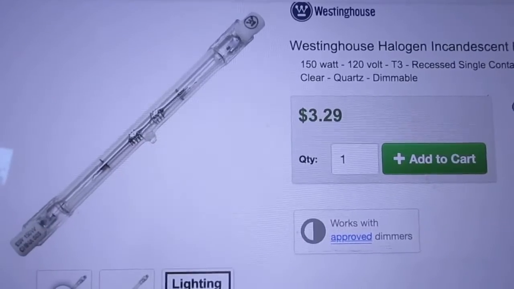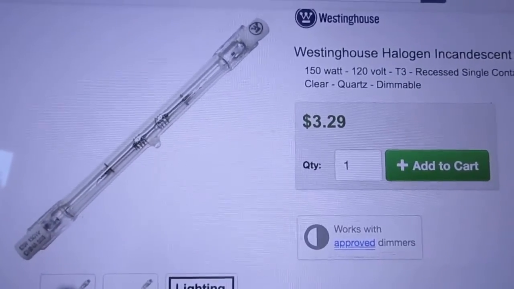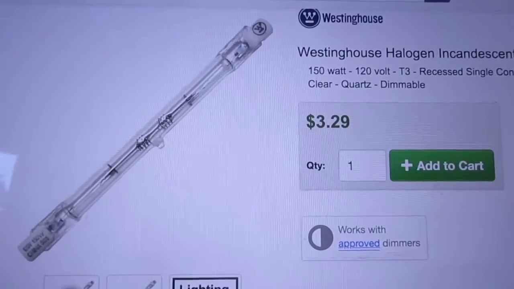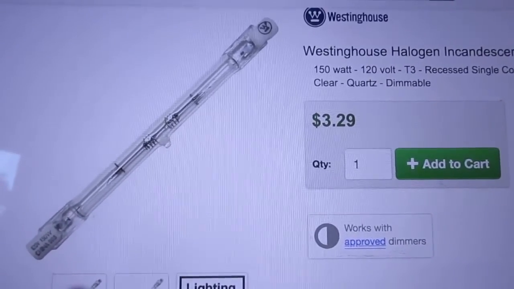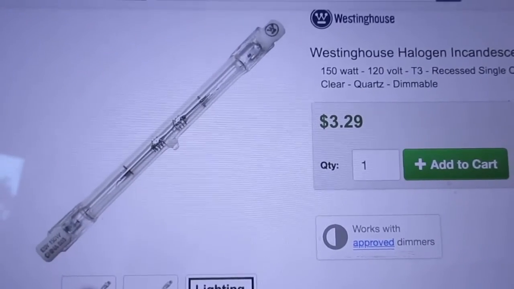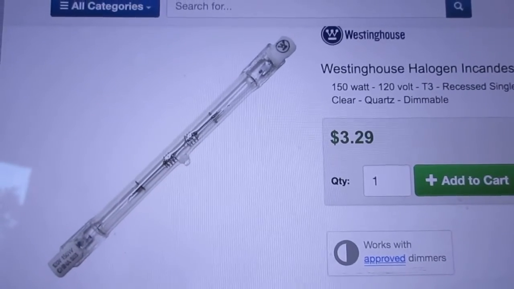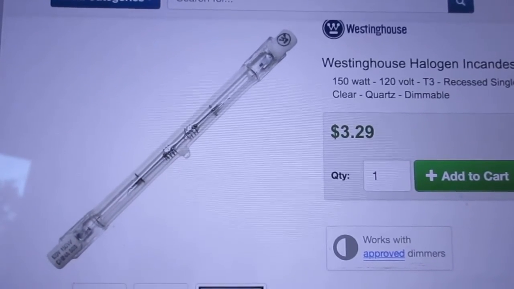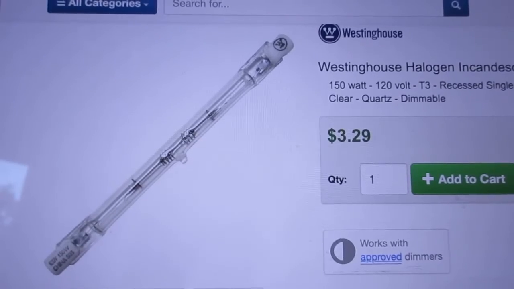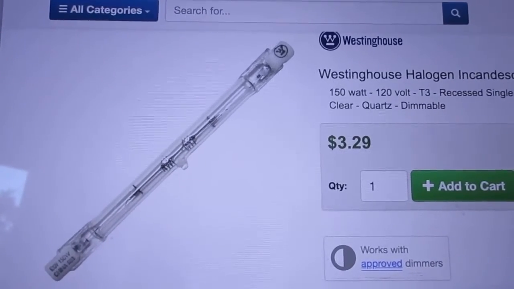So here you see the kind of light that I have outside. It's a halogen incandescent light. The length of this light bulb, although it's not a bulb, well, could be easily 15 centimeters.